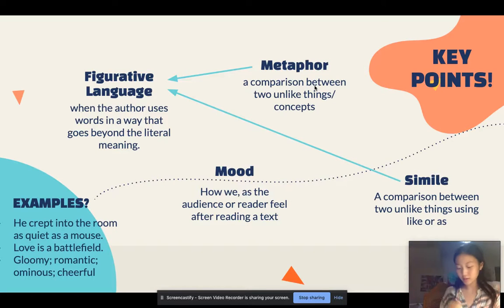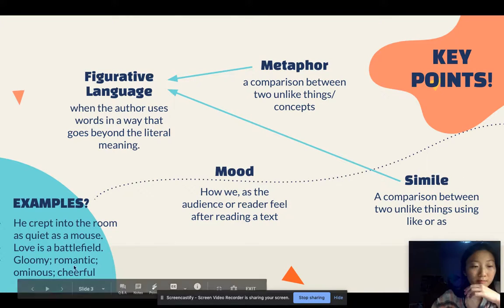You can go ahead and write some of these examples down underneath the key points. So under simile, I'm going to write EX, quiet as a mouse. And then under metaphor, love is a battlefield. Okay, and then mood. These are some examples of mood words. Gloomy, romantic, ominous, that means mysterious, or cheerful.